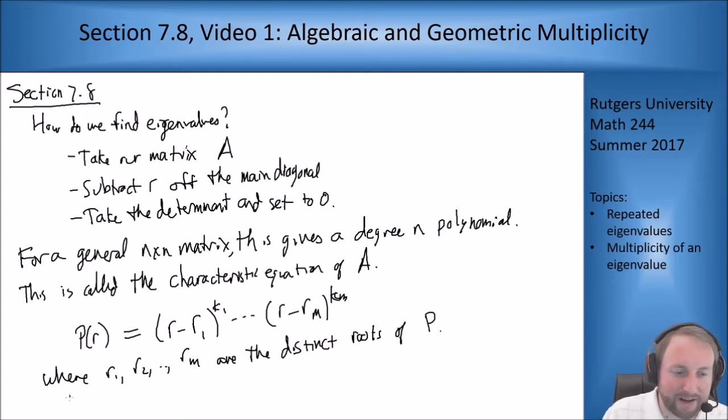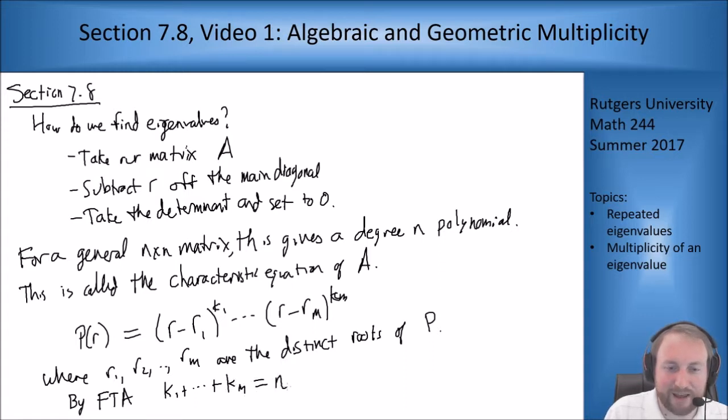Now, by the fundamental theorem of algebra, which we talked about before, if I look at k1 plus up to km, this has to give me n total things. Because my polynomial has a degree n term, everything factors, and if you expand this all out, the first term is going to be an r to the n. So the first main definition here is algebraic multiplicity.